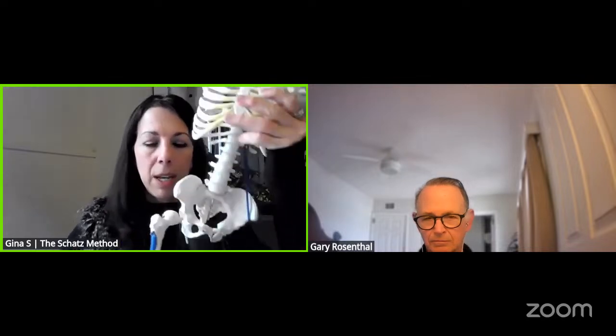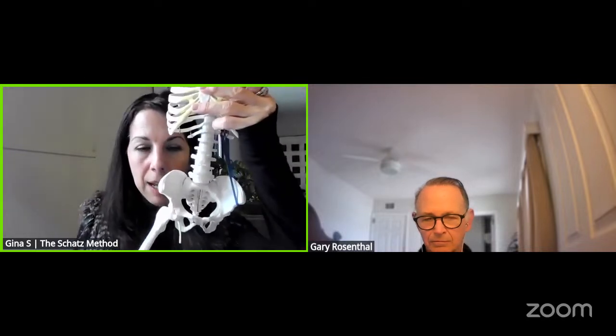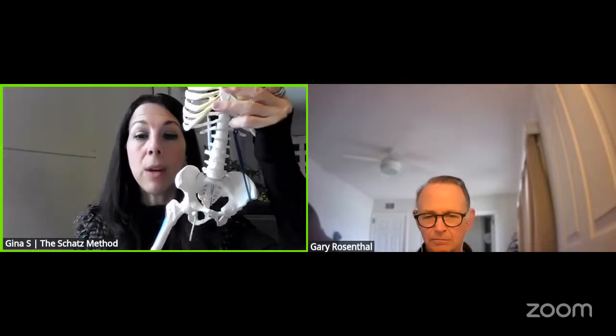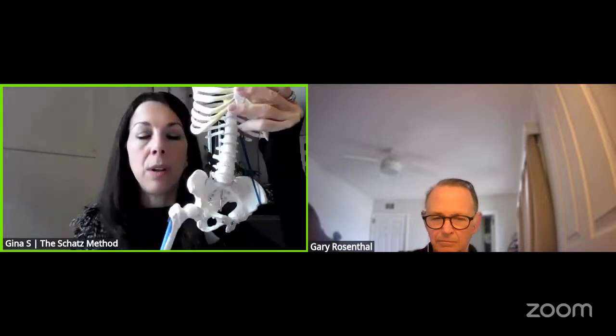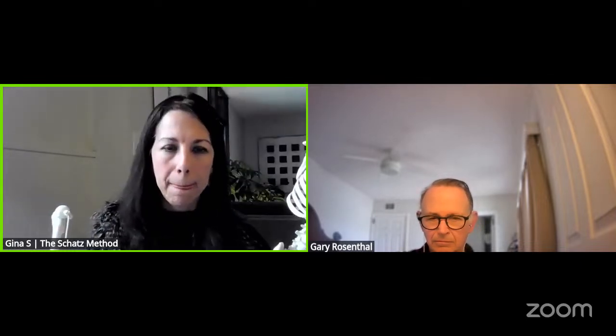I need to have equal contraction here and length here, and then reversing that joint action, equal contraction here and length here. Same thing goes for every lever. In order for me to have lateral rotation and medial rotation, both joint actions must have equal power and strength and equal ability of length. Has to happen.